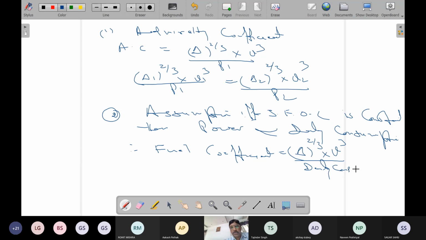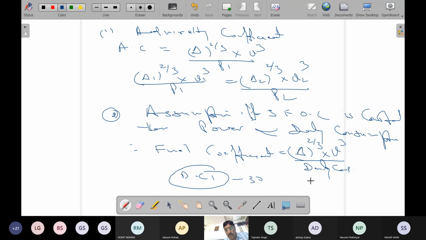Now in this formula, delta is displacement in tons, V is speed in knots, daily consumption is in tons per day. In short, instead of the full name daily consumption, we will write DC1, DC2. DC1 means daily consumption under one set of conditions, let us say 30.